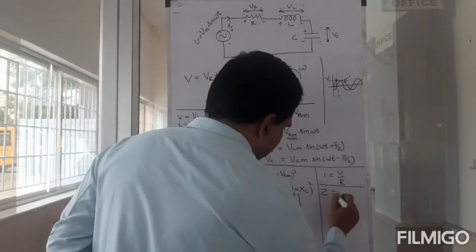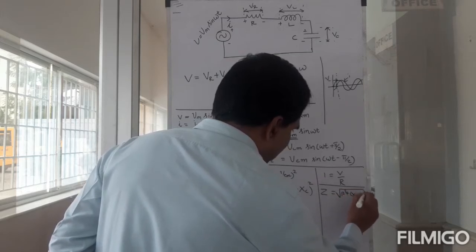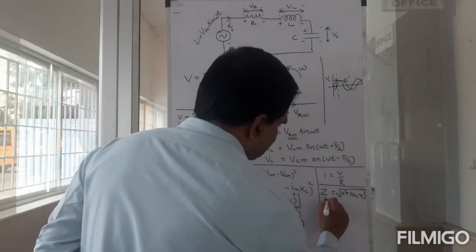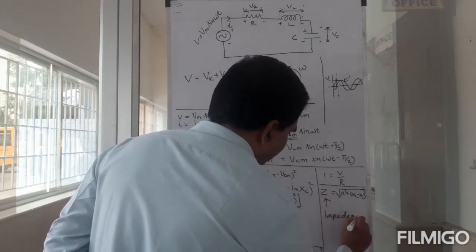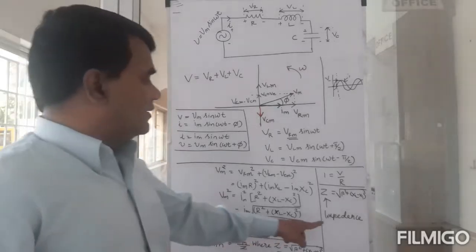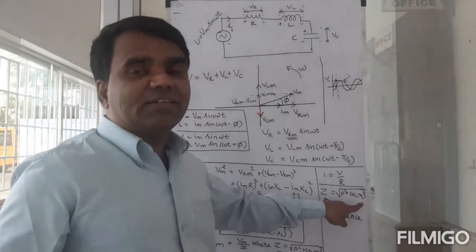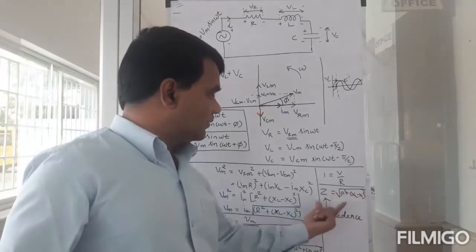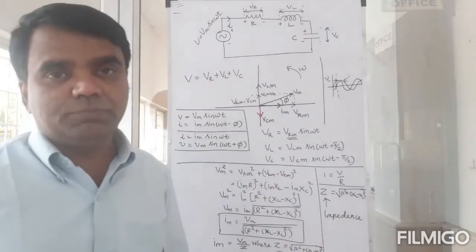Z is equal to square root of R squared plus XL minus XC the whole square, and this Z is called as impedance. Okay. Impedance is a combination of resistance and reactance. So together, this quantity is called as impedance of the circuit.